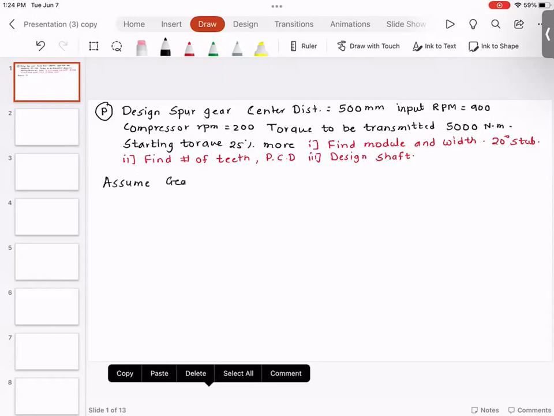gear and pinion made with the same material.